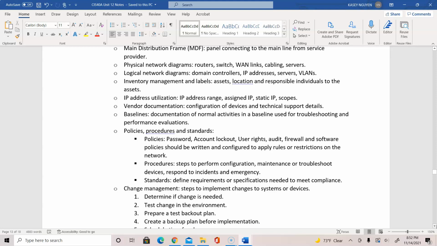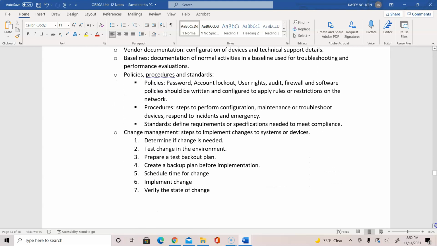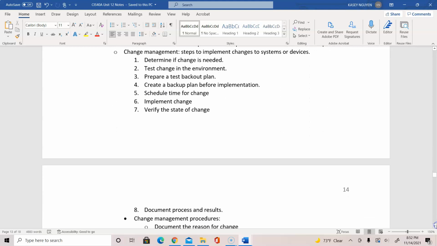We would follow the steps, seven steps or eight steps. Determine the change that's needed, test the change in the environment, prepare tests for backup plan, create a backup plan before implementation, schedule time for change, implement change, verify the state of change, and document the process and results.